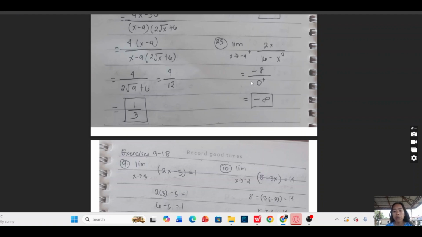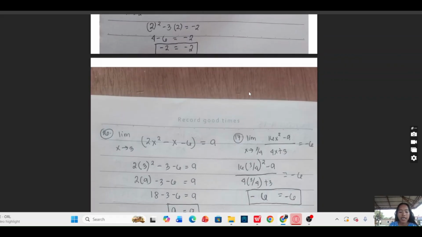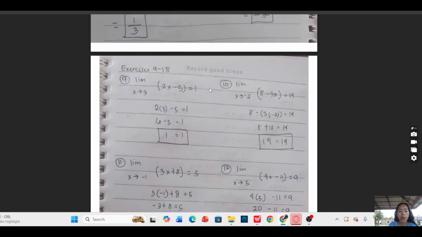We just need to change x into -4. That would be -8, and the denominator is 0 positive, or to the right. So our answer would be negative infinity. Next, we have exercises 9 to 18.